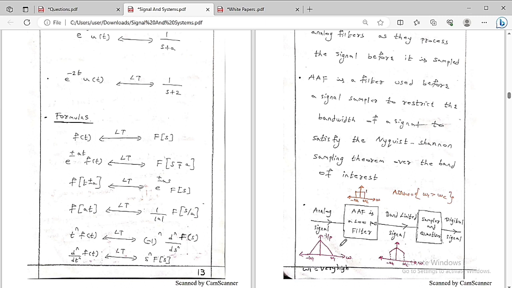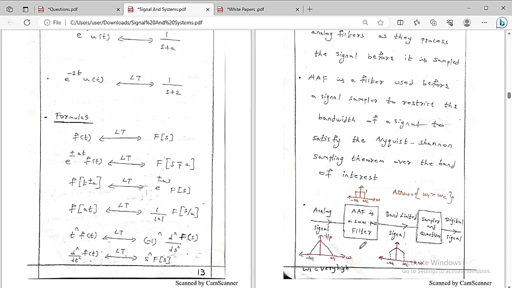In the practical world, the analog signal will have a lot of frequencies, but I want only those in this limit from 0 to omega c. So what output are we going to get? We are going to get a signal having a frequency only from 0 to omega c, or minus omega c to omega c. Only this part we are going to get. The other part is clipped off.